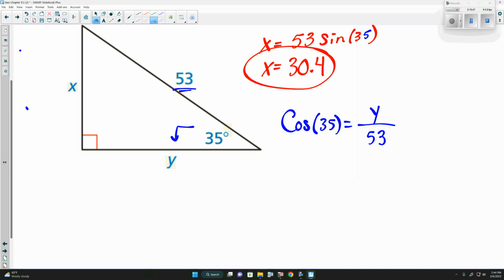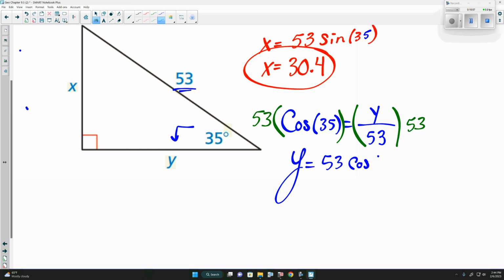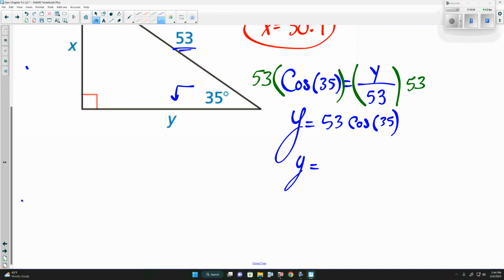But again, we're going to multiply both sides by 53, telling us that y is equal to 53 cosine of 35, which is 43.4.